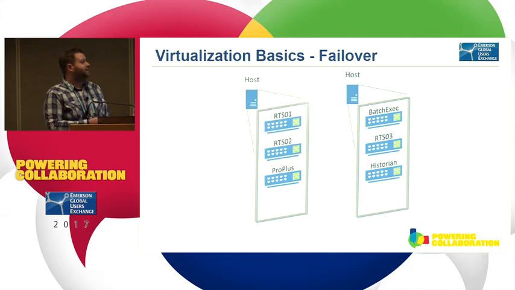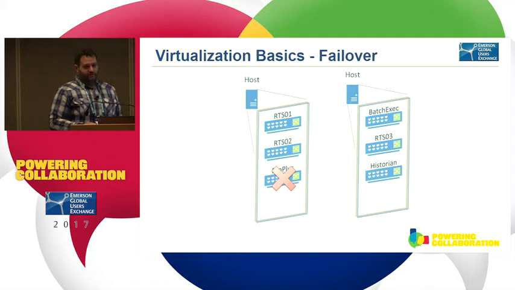The last basic section is on virtualization itself. So this is a basic representation where several machines are split between two hosts. And let's say your Pro Plus has Windows crash. It's like a blue screen. It's gone.